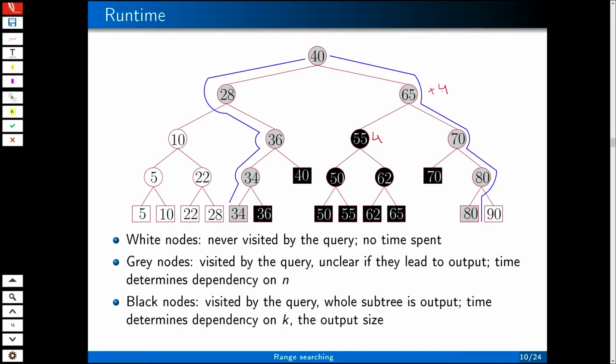What about the number of grey nodes? Twice log n. It is basically the search path of 34 and the search path of 80. Each search path has at most log n many values. So, what is the height of this tree?